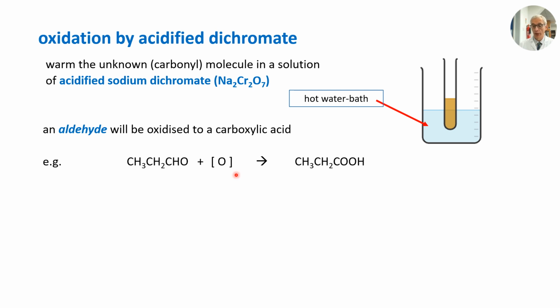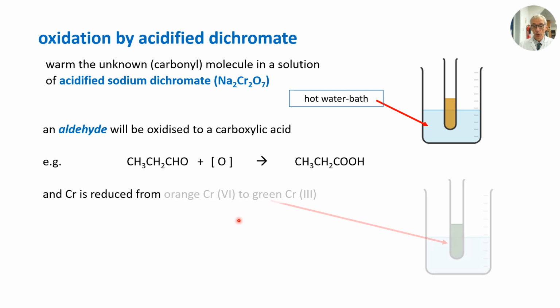Now, the color change is caused by the reduction of chromium. Could you work out the original oxidation number of chromium in sodium dichromate and suggest the oxidation number to which it is reduced? That's a matter of recall. Pause, come back.